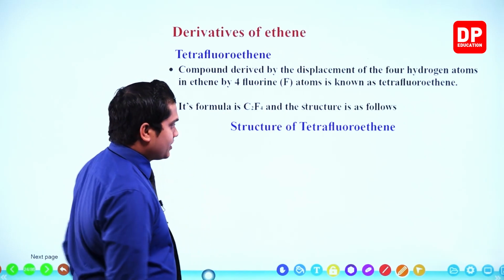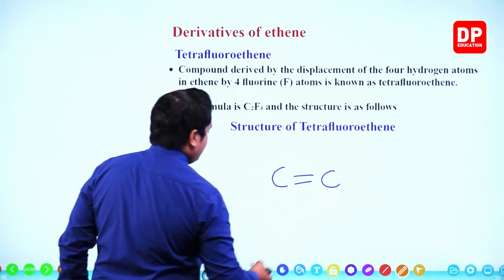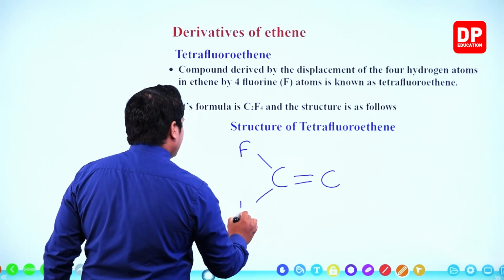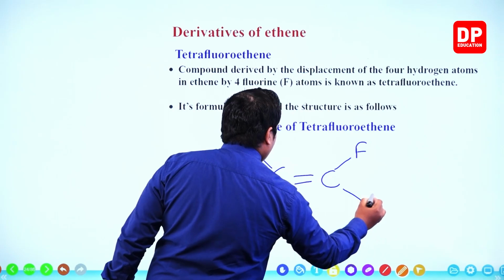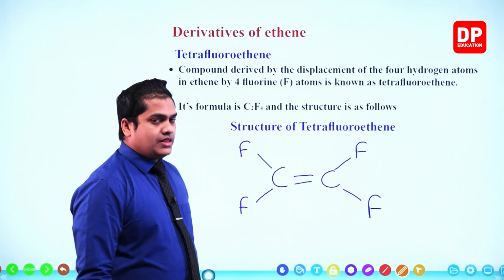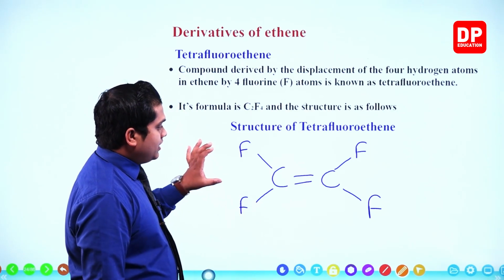So this is ethene. Instead of hydrogen, you write the symbol F for fluorine. So this is tetrafluoroethene. Very simple, my dear children.